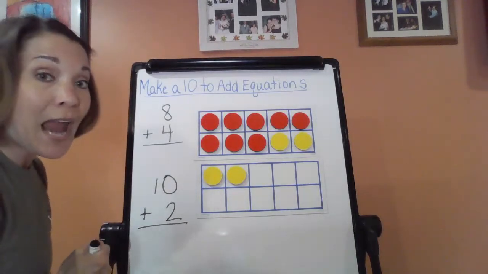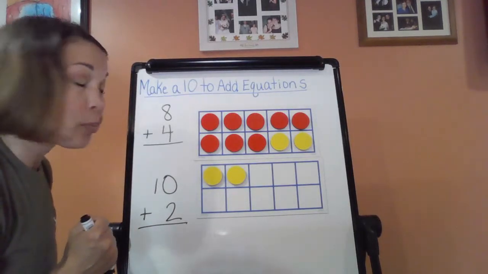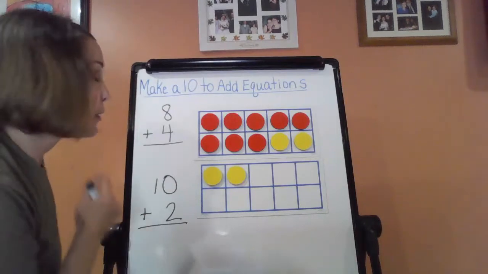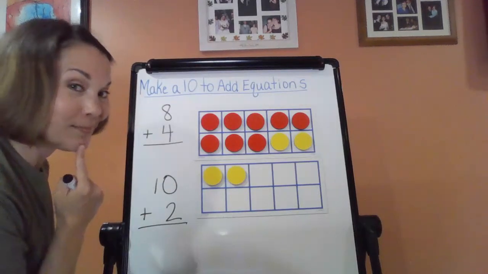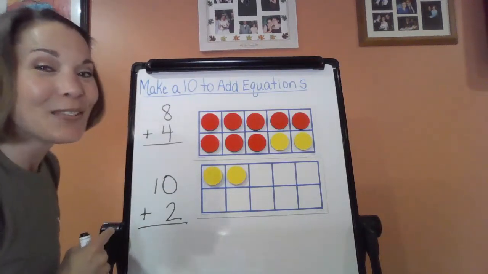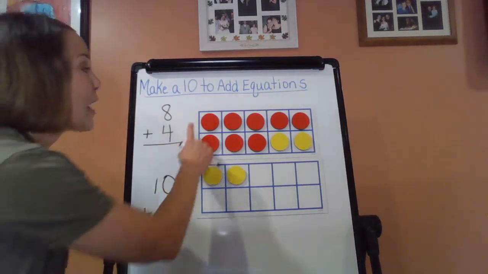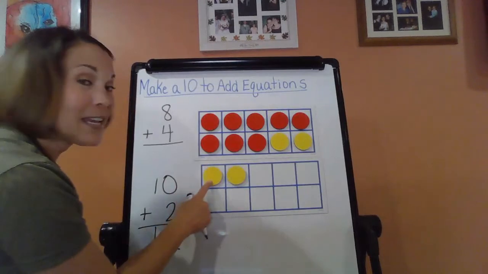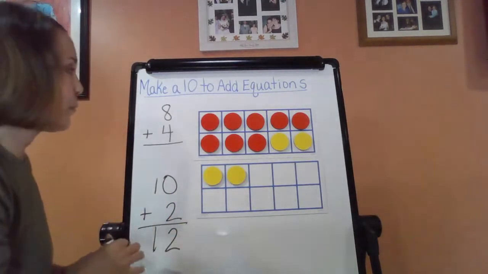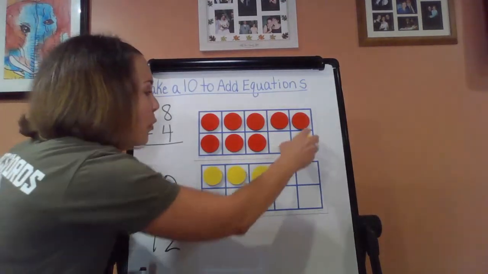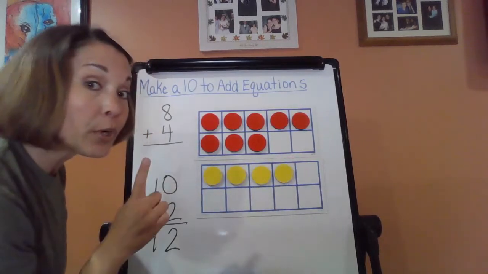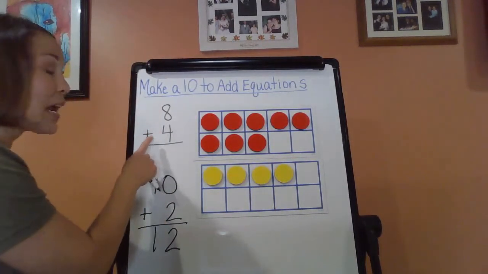We are now looking at what our total would be. What would our sum be here? Did you get it? It should be 12. So here we go. 10, 11, 12. Now, let me just pull this back to prove that it's still 8 plus 4.